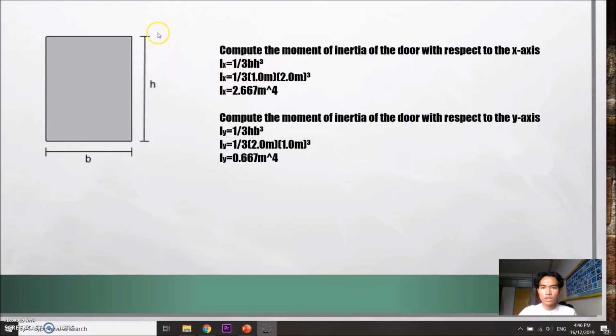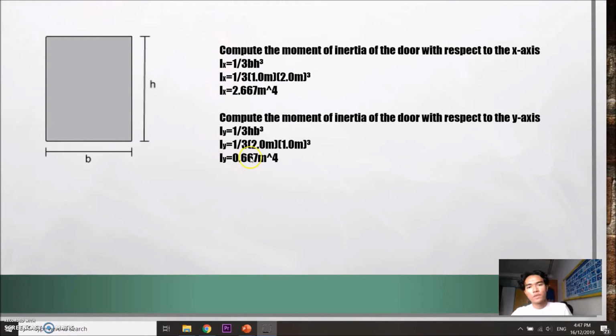The b is 1 meter and the height is 2 meters. So Ix is 1.667 meter to the power of 4.